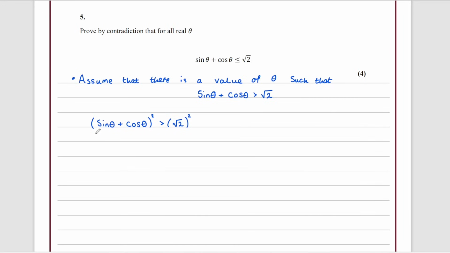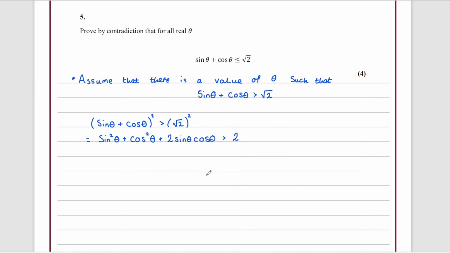If we expand these double brackets, we get sine squared theta plus cos squared theta, plus sine theta times cos theta, and then cos theta times sine theta. So in total, we've got plus 2 sine theta cos theta, and this is strictly greater than 2, because root 2 all squared is simply 2.